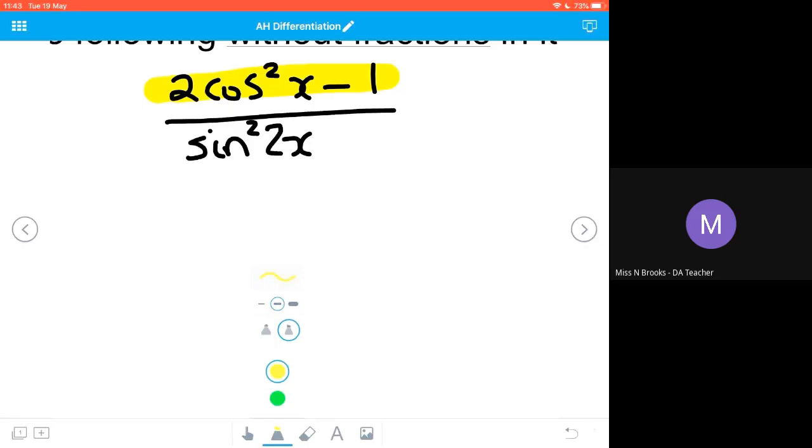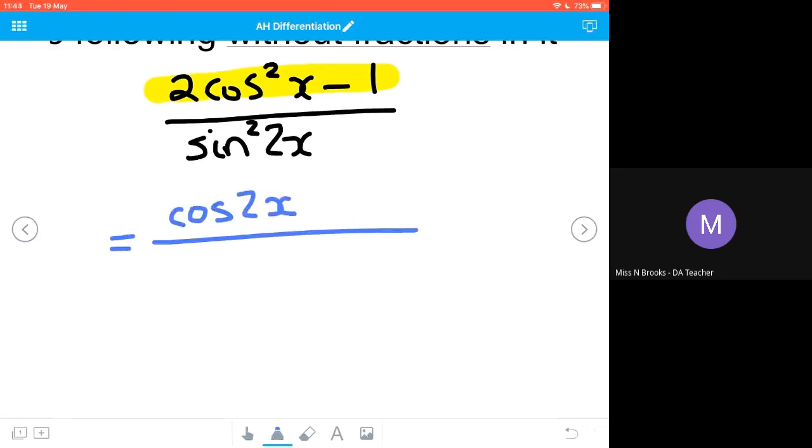And then I'm going to do what I did in the last slide. I'm going to split that sine squared 2x into 2 sine 2x's. So I know that my denominator is going to become cos 2x, and we're going to multiply that by 1, and then I'm going to split my sine squared 2x into sine 2x multiplied by sine 2x.